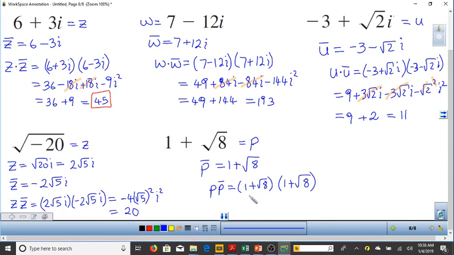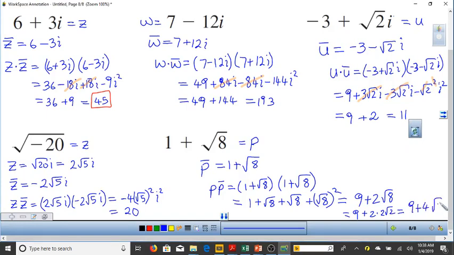When we multiply those, 1 times 1 is 1, 1 times square root 8 is square root 8, square root 8 times 1 is another square root 8, and square root 8 times square root 8 is square root 8 squared, which is just 8. 8 plus 1 is 9 plus 2 square root 8. Or you could simplify that as 9 plus 2 times 2 square root 2, which is 9 plus 4 square root 2. Either way, we just get a regular real number and we have no imaginary component.